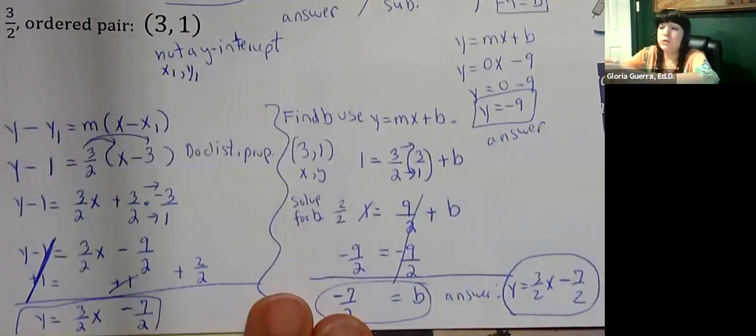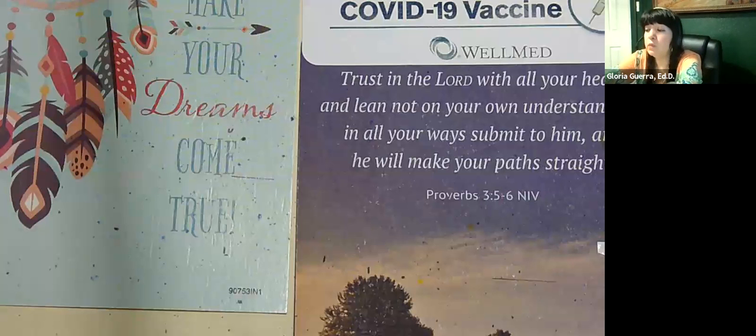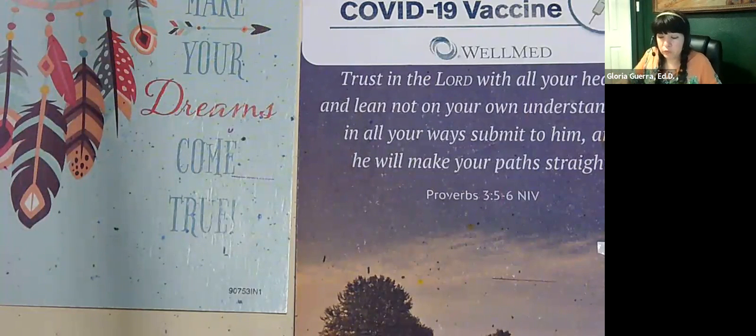Now let's go to page 191. There's 191, there's 6 and 7, and then 192. 192 is like what we were just doing, except 192 is like the problems that we've been doing already, but it's an application.